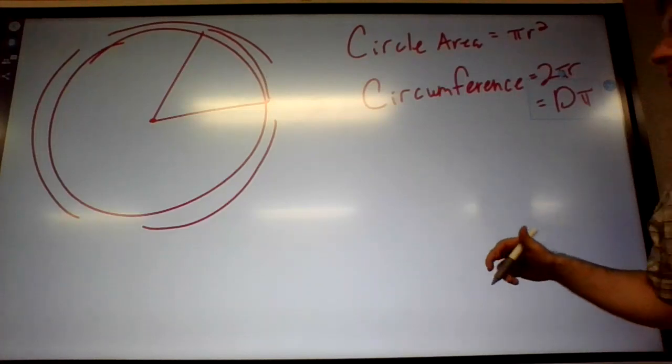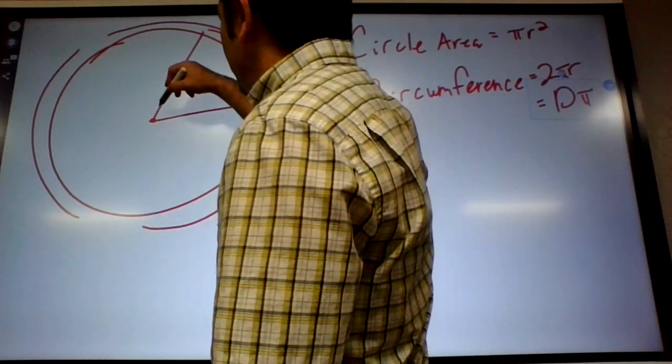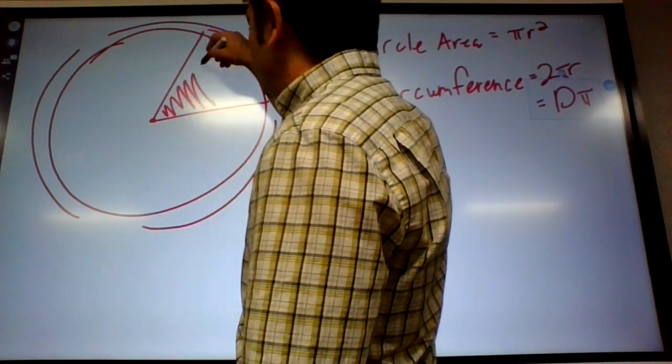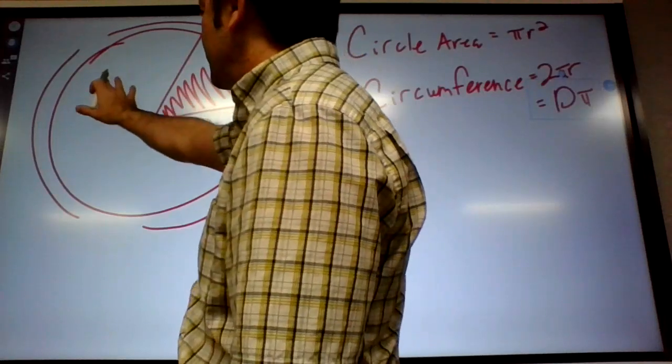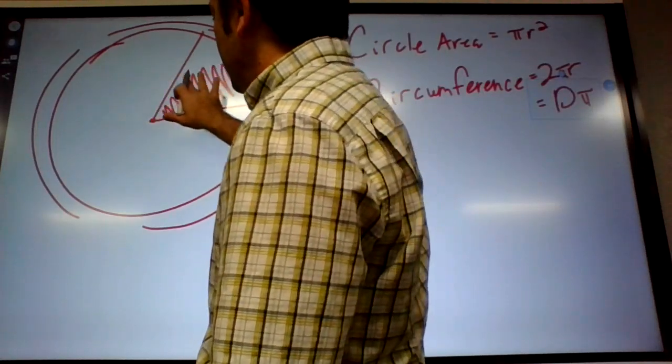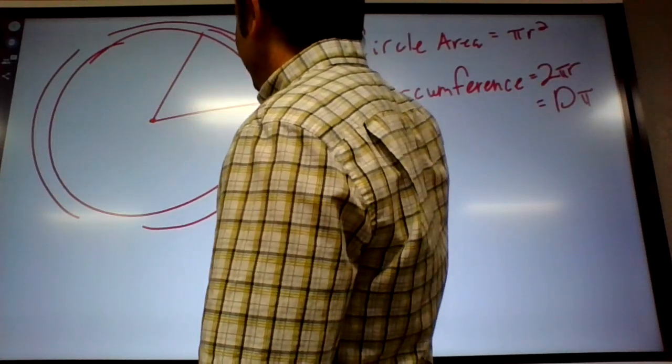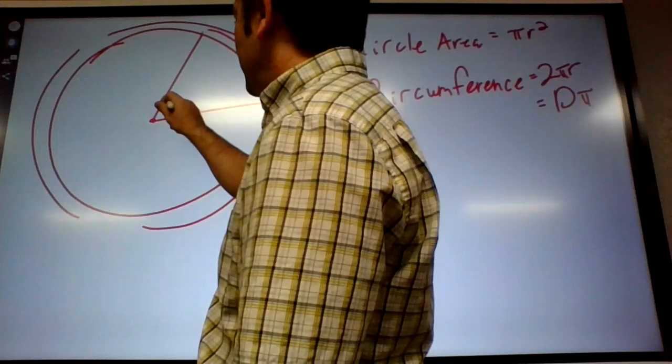Okay, so let's start with sector area. Sector area is a fraction of the total surface, or the total circle area. What fraction is it? Well, it depends on what your angle is here.